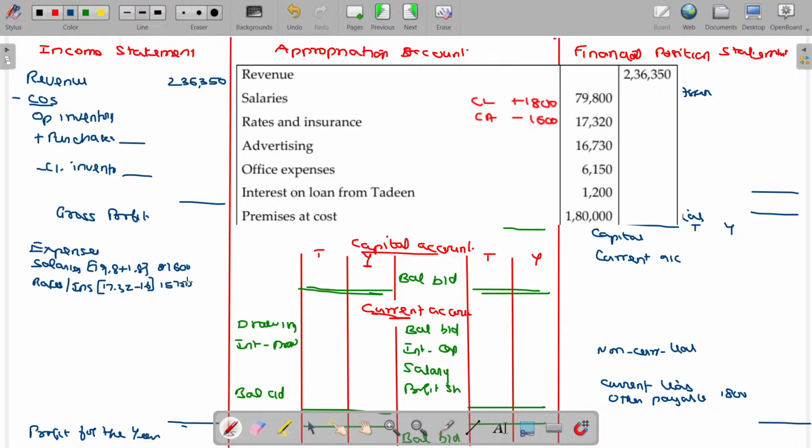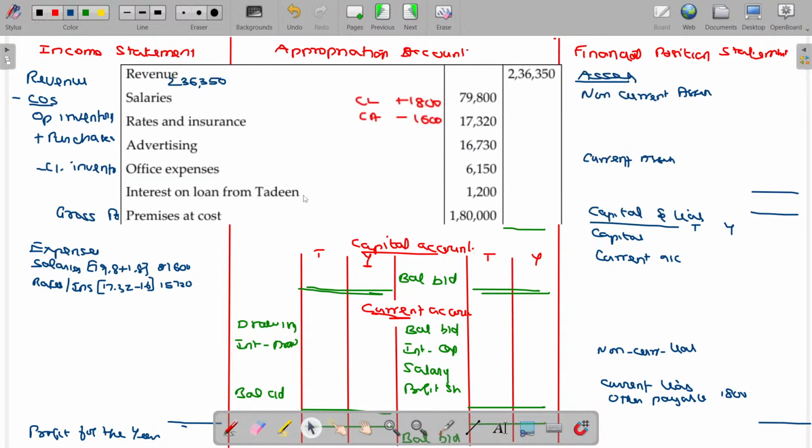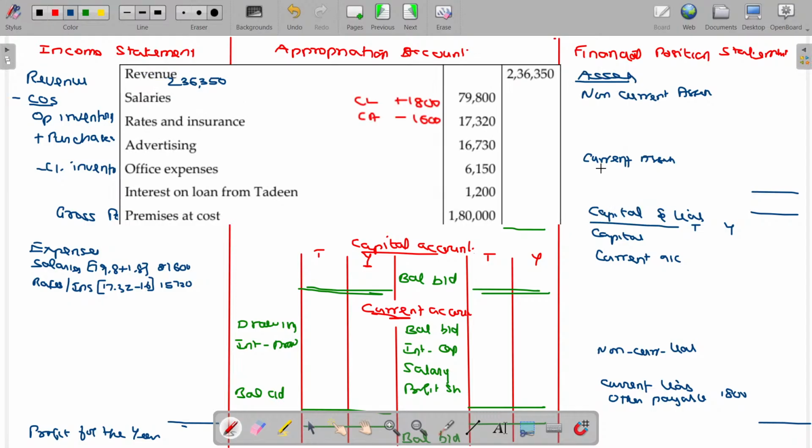The payment being in advance, as an asset, will be posted in the current assets account. So here, other receivables. The value being 1,600.